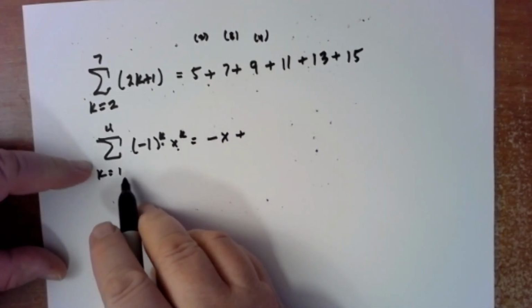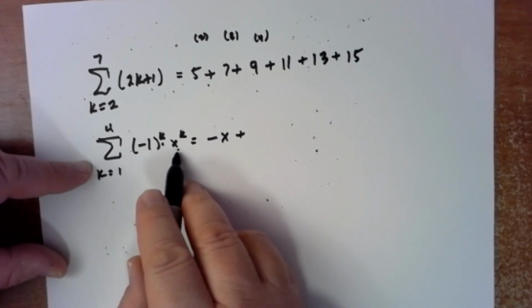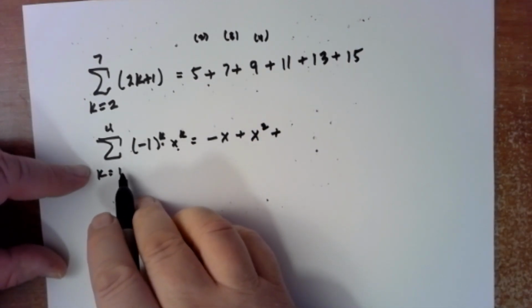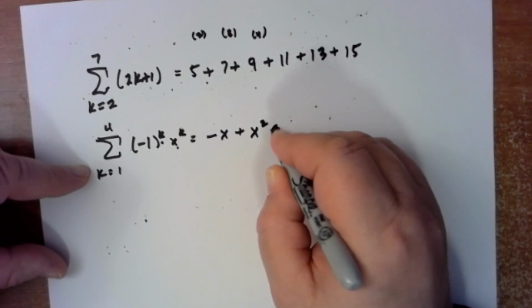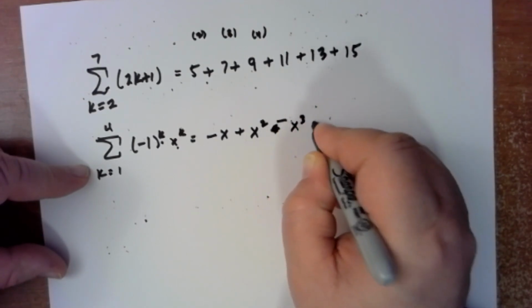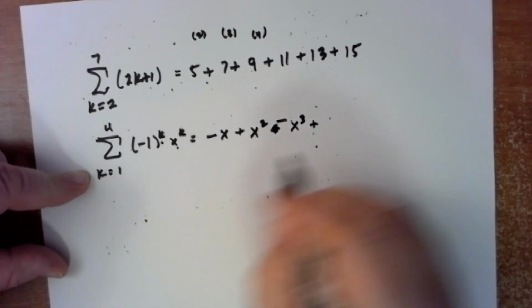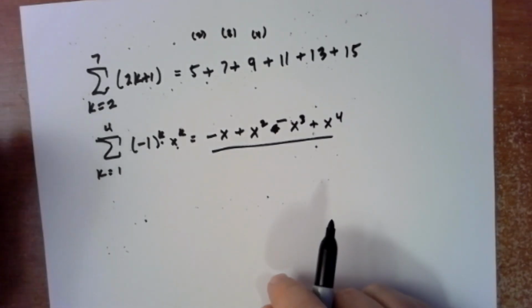And then when k equals 2, I'd have minus 1 squared, which is positive 1 times x squared, plus when k equals 3, I get minus x cubed. And then when k equals 4, that's my last term, I get plus x to the 4th. Good. So there's my sum.